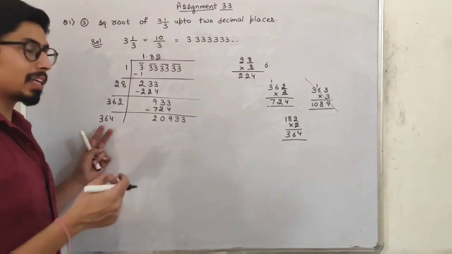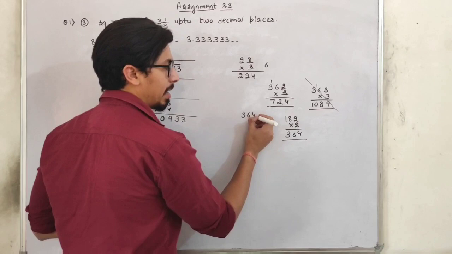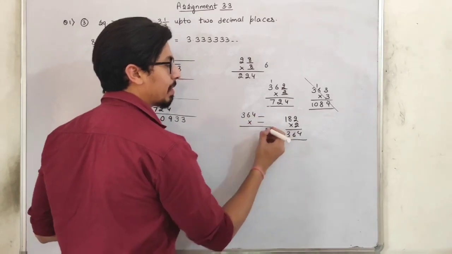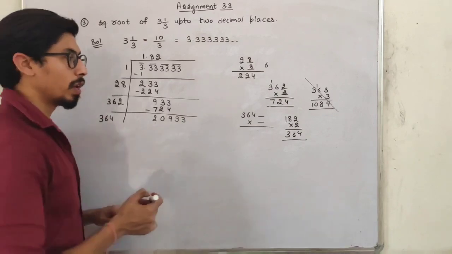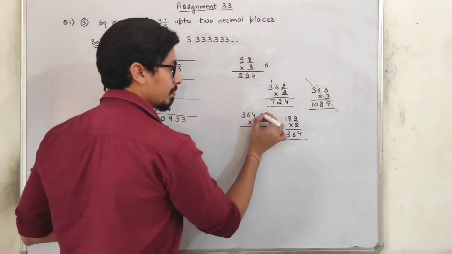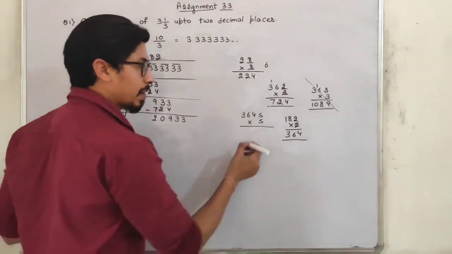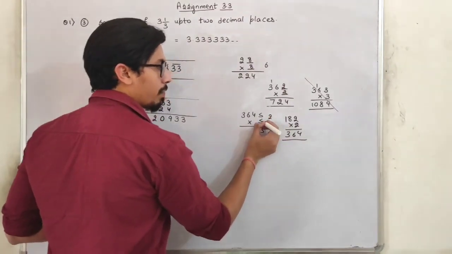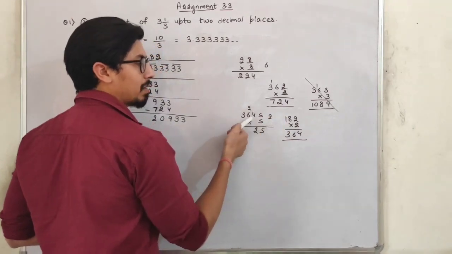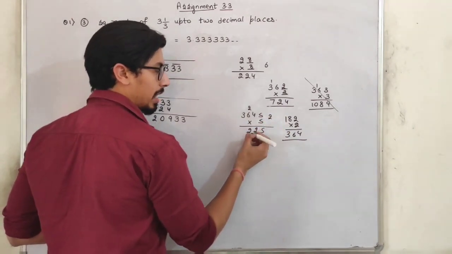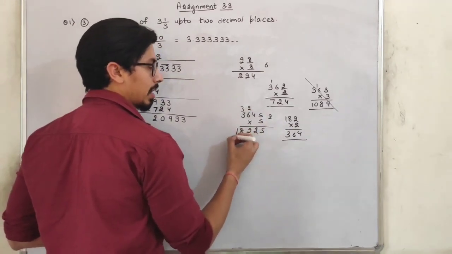We just take 364 and a digit and multiply it by the same digit. Okay, students. We have to form a number near to this. So if I take 5 here, it will be 5 times 5 is 25, 2, 5 6s are 30, 32, and 3 here, 5 3s are 15 and 18.